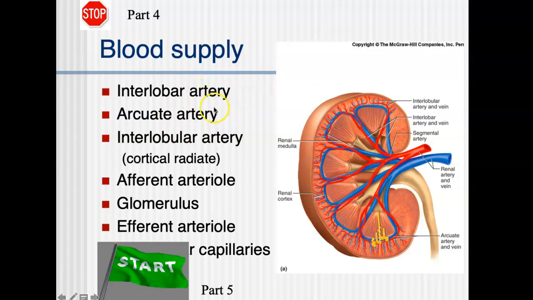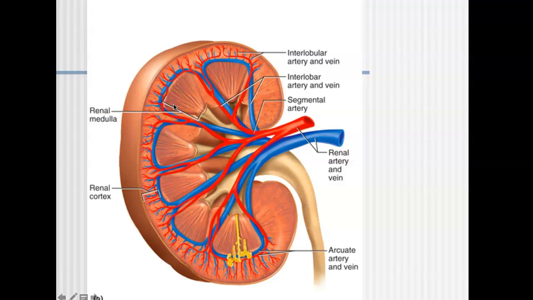It goes then to the arcuate, which is this sort of turn. The turn as it makes coming over the pyramids is the arcuate. Then interlobular, not lobar, but interlobular. So let's see that as this branch here that's coming off, tiny, in the cortex of the kidney.